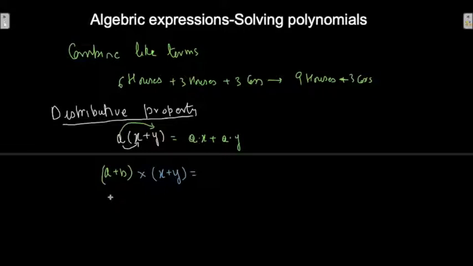Say we had 3 plus 5 getting multiplied by 4 plus 2.